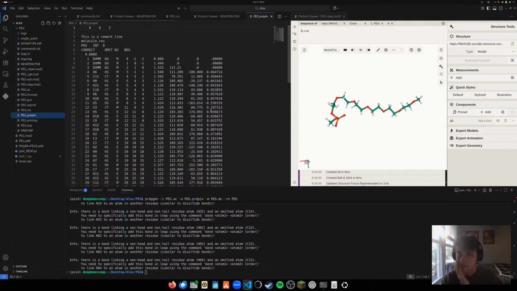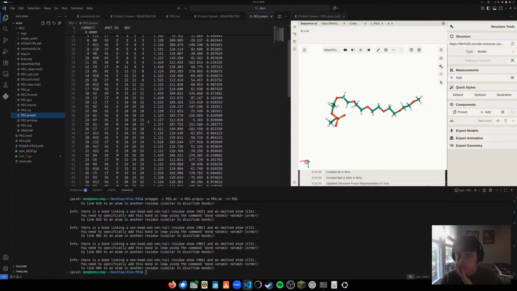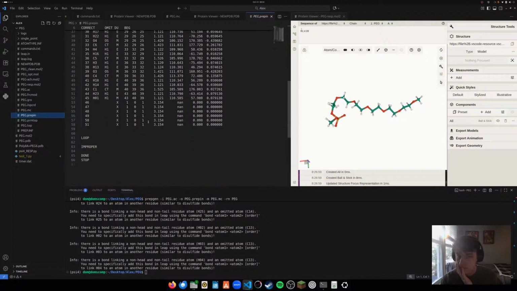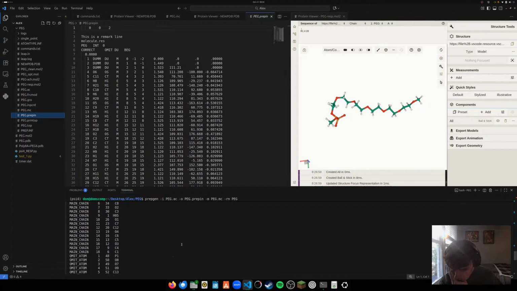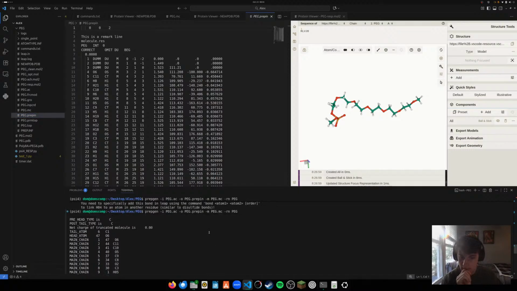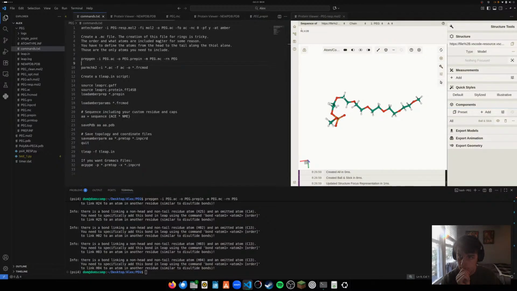Just the prep in. Net charge of truncated molecules 0. That's good. Alright, let's just keep going. I've got the heads and tails mixed up or something.